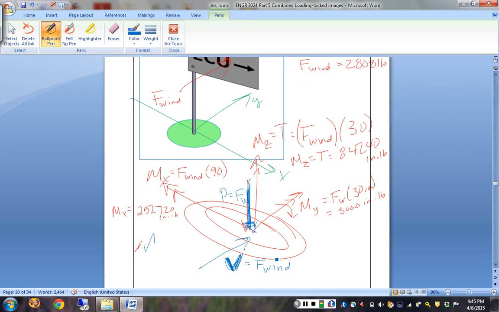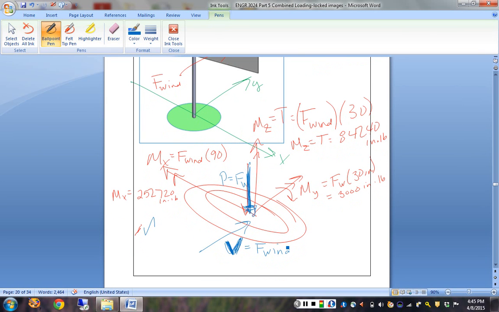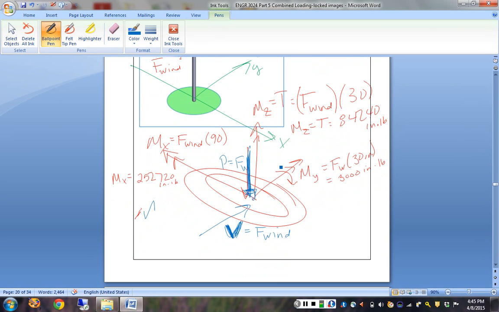So V equals the wind force, and the axial P equals the weight force. So that's everything that's going on. It is a lot, and I pity those of you who don't have multiple colors because that's just a whole lot going on. Okay.